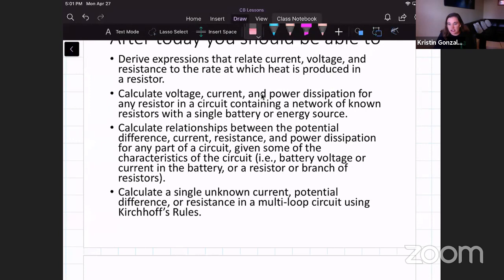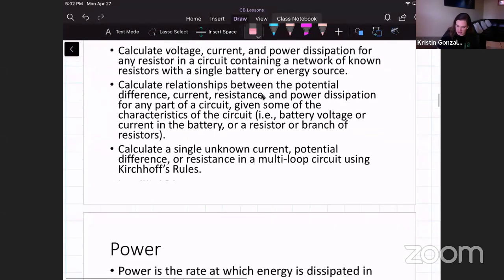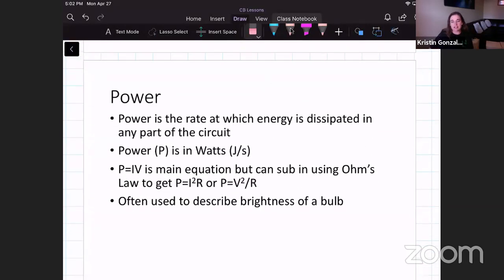We're going to calculate relationships between potential difference, current, resistance, and power for any part of a circuit, given some characteristics of the circuit, such as the battery voltage, if you have a resistor in series or parallel. And then we're going to start talking about Kirchhoff's laws and rules, going over the loop and junction rule, which we'll do more of tomorrow and the following night.